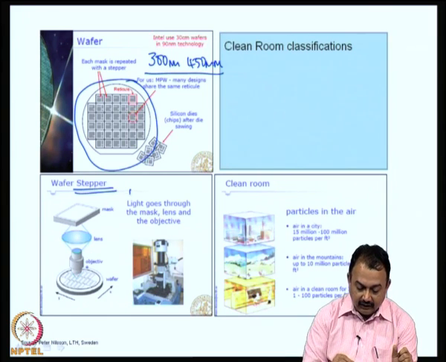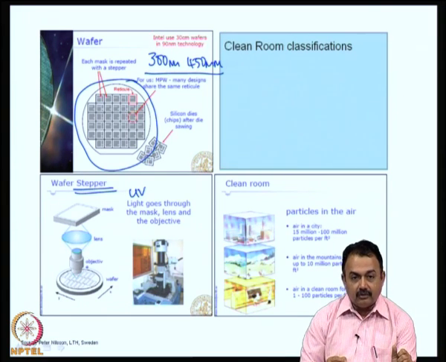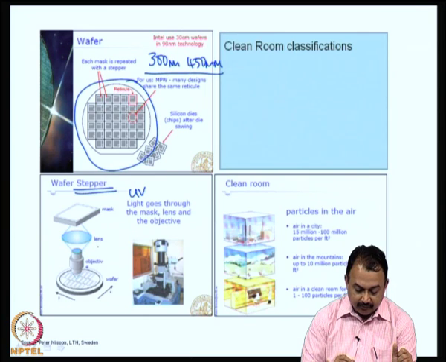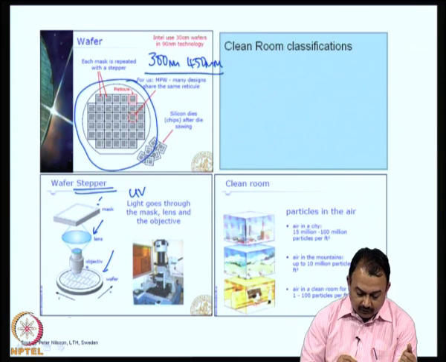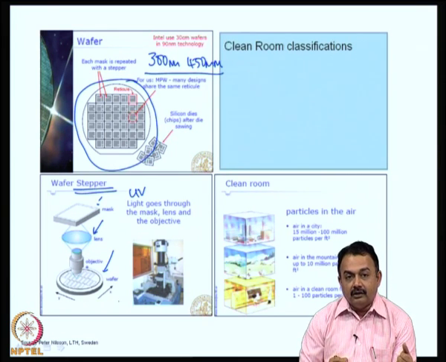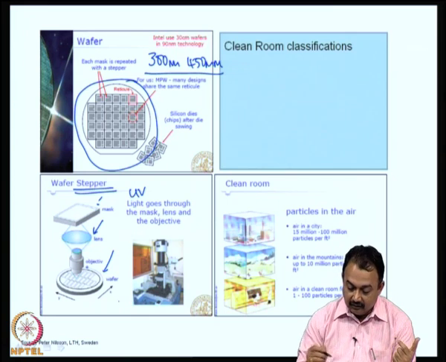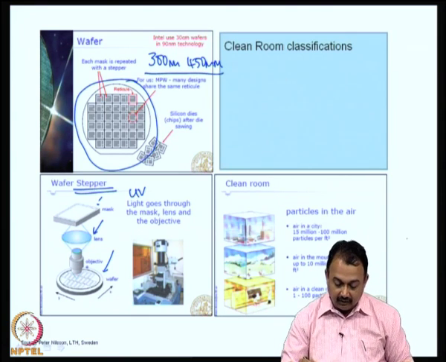So, UV light or any other light source goes through the mask, that is shown here. Then it goes through the lens, which projects it and collimates it onto the wafer, where the photoresist is ready there to accept the image, and that is transformed physically and chemically. So, of all the processes, once again the step down photolithography stepping process is also very important.